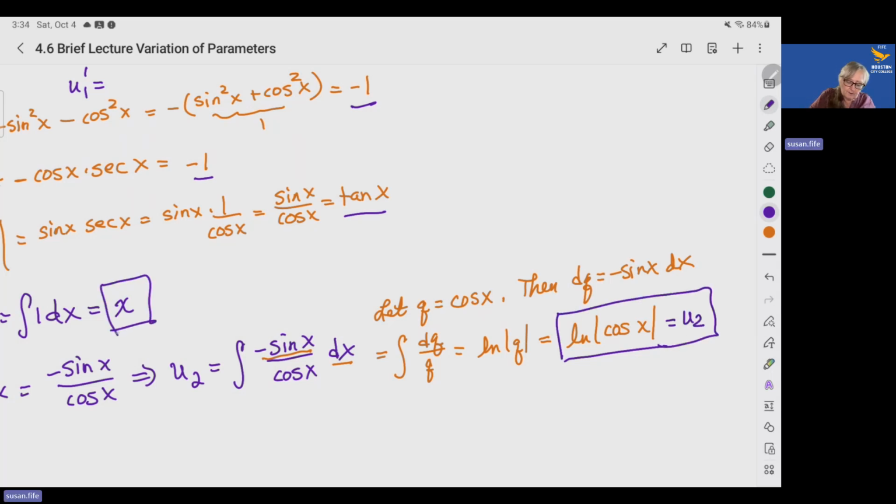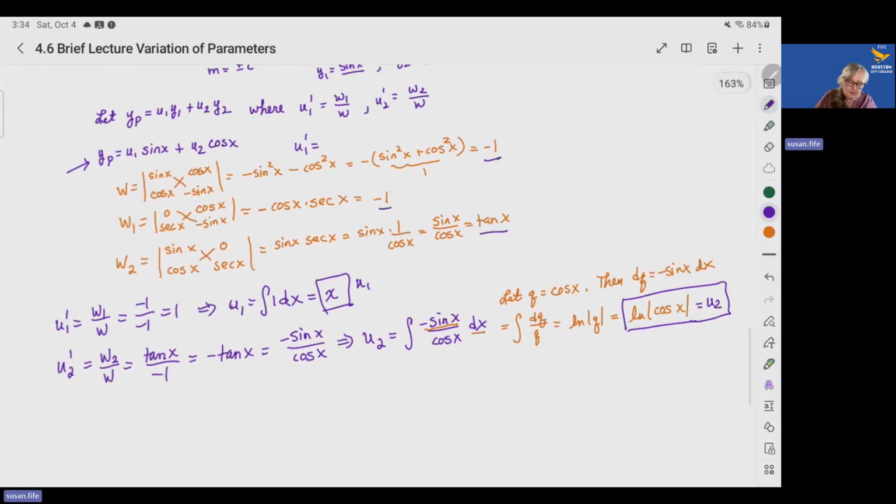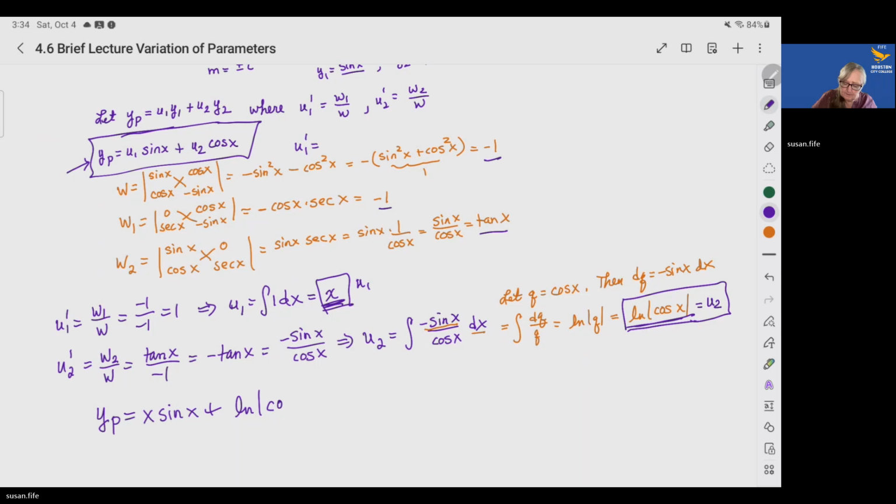This is my u1. And we have y sub p is, I'm going to copy it from here, u1 x sine x plus u2, that's natural log cosine x, times cosine x.